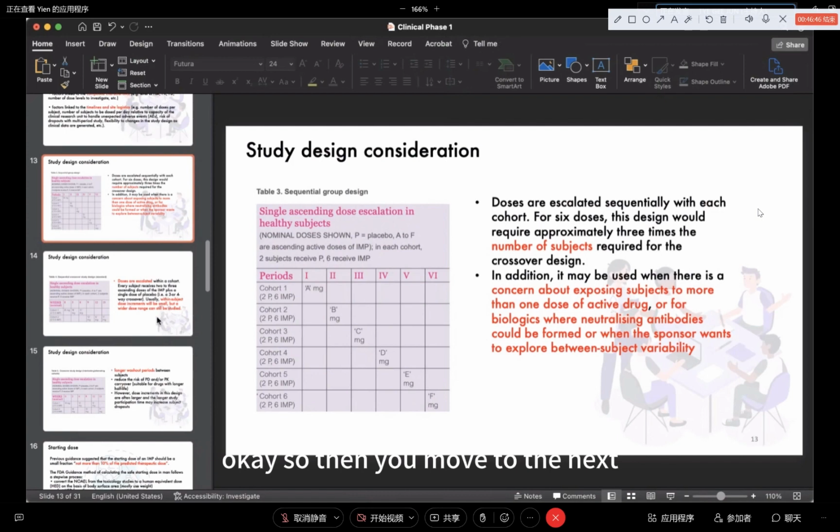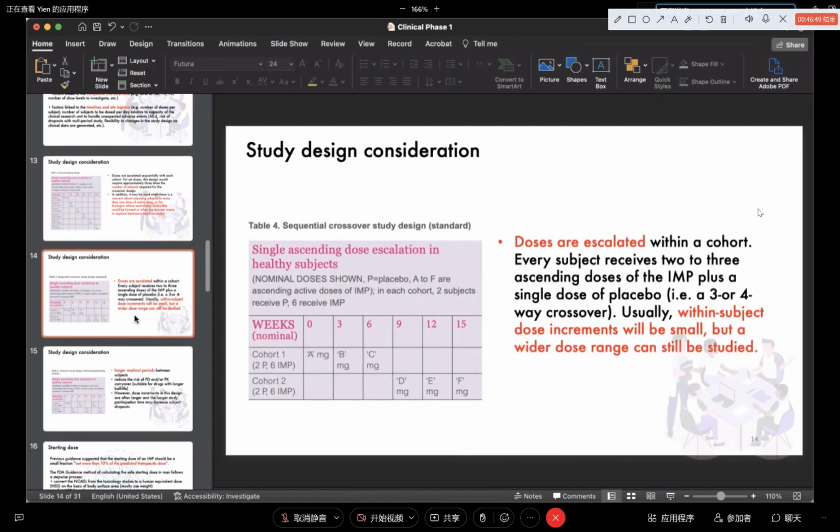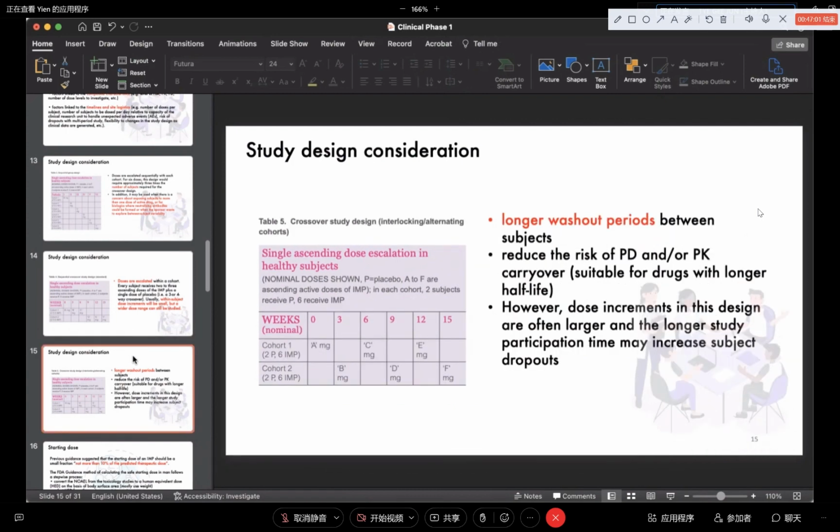Then when you move to the next slide, one cohort is given a dose in a dose escalation manner, and then the last one is given alternatingly. So this is how they do it, correct?